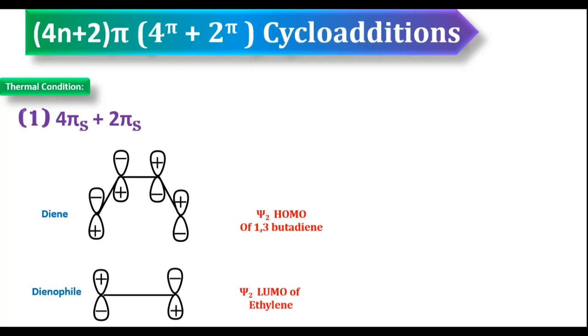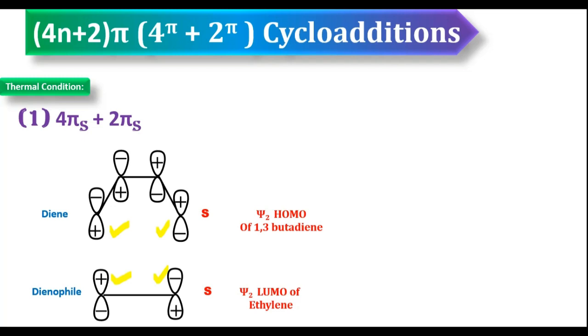Now here friends, this pi partner is undergoing supra mode of addition, and you can see the 2 pi partner is also undergoing supra mode of addition. That's why I am selecting the bottom side lobes here, and here I am selecting top side lobes, because this is undergoing supra mode of addition and it is also undergoing supra mode of addition.